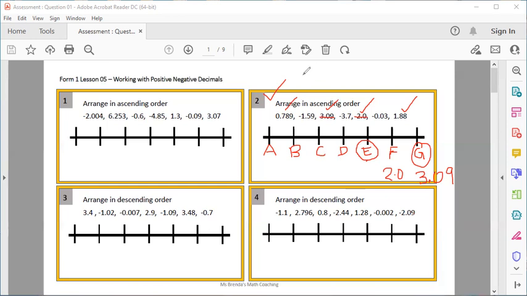It's not ascending or descending. Remember this. Remember I told you, you have to remember the point 0. So from the point 0, whatever is in the positive range will be going bigger as it goes further away. Whatever is in the negative range will also be going bigger as it goes further away from the point 0.